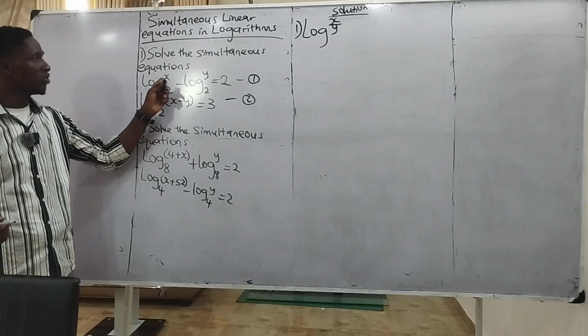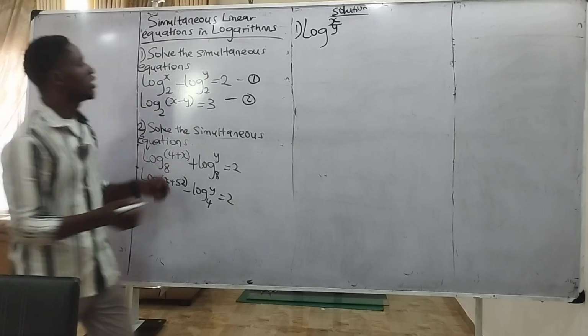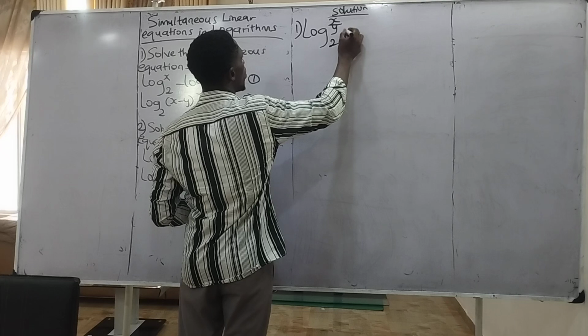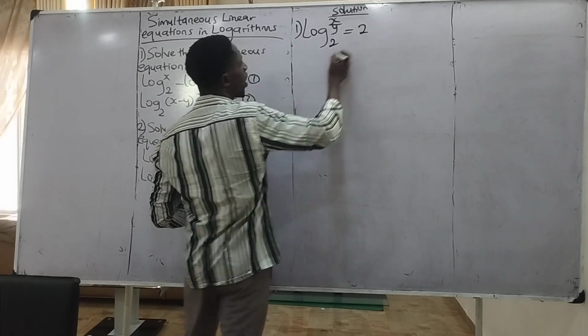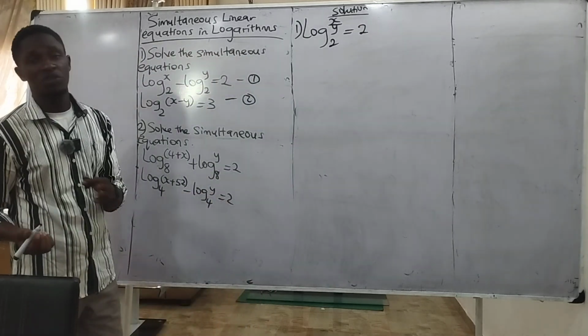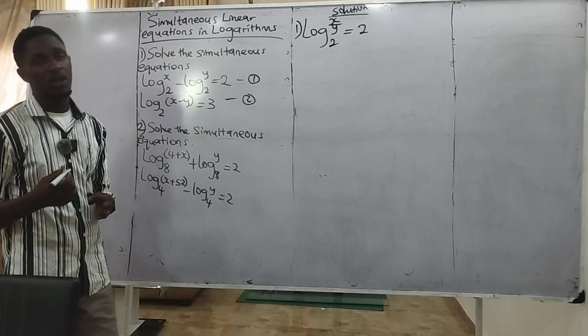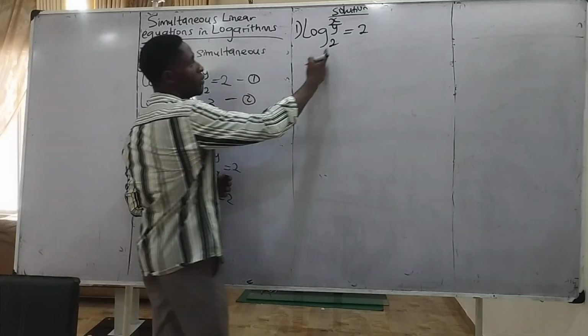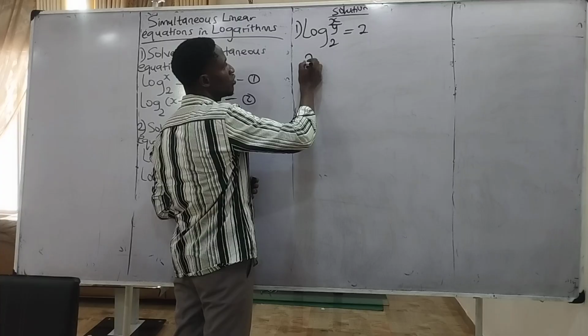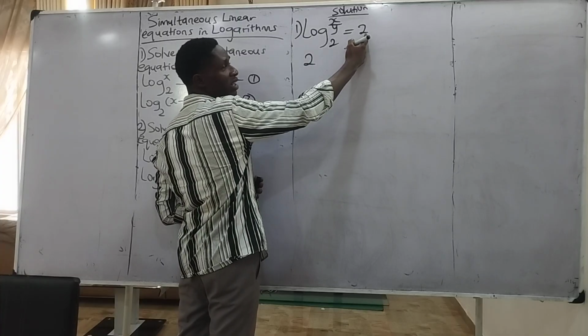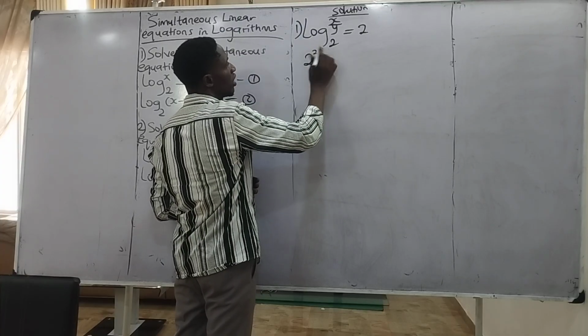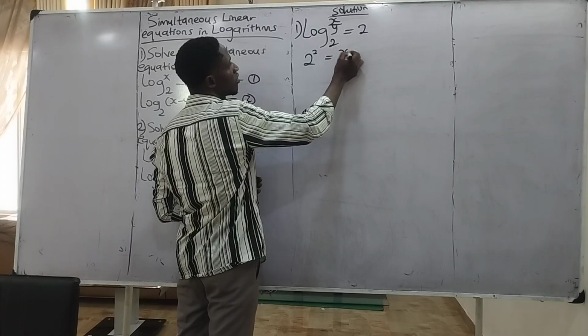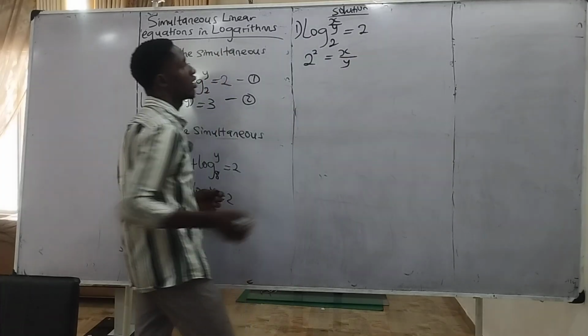When you are subtracting, you are dividing. So in base 2 is equal to 2. This is equation 1. And from the relationship between indices and logarithm, the base here is 2. So we have 2 raised to the power of anything at the right hand side, which is 2, is equal to x over y.